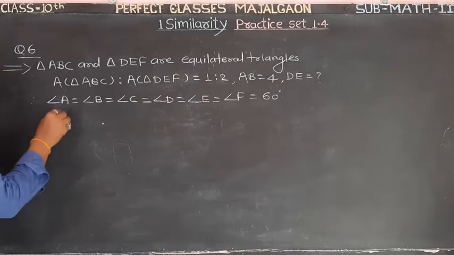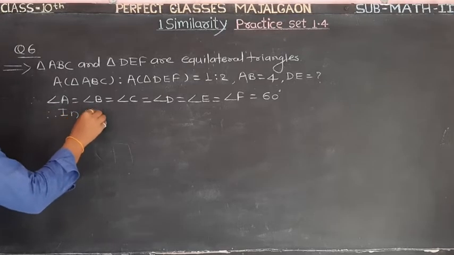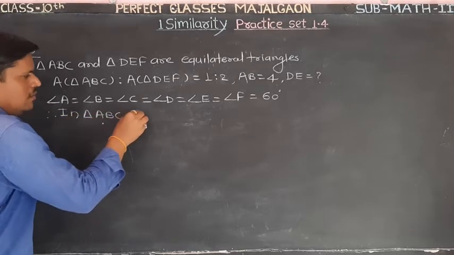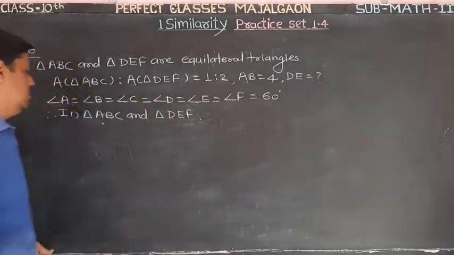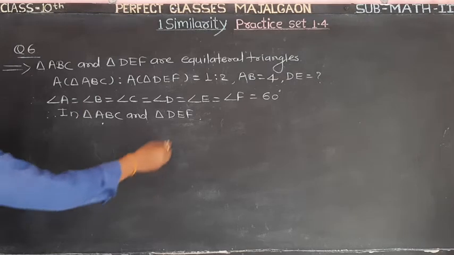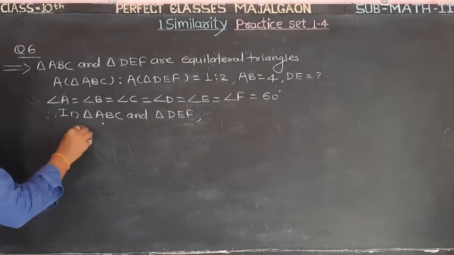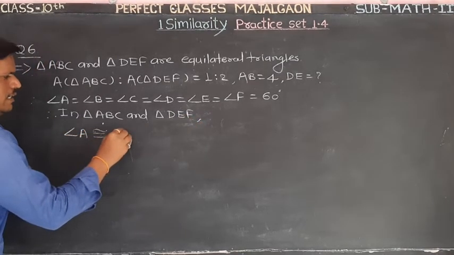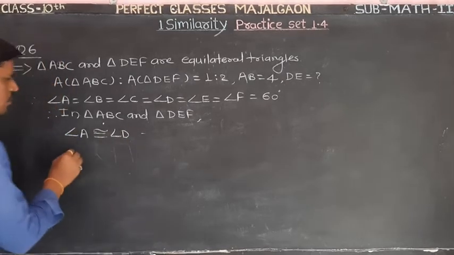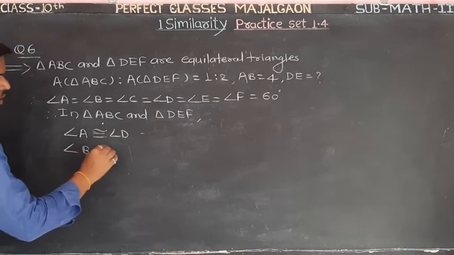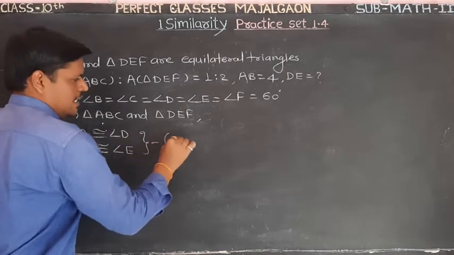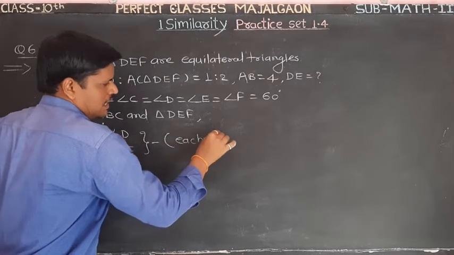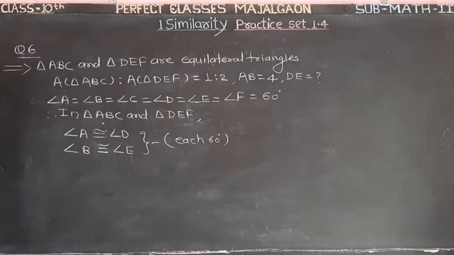Now we take triangle ABC and triangle DEF. In these two triangles, angle A is congruent to angle D, and angle B is congruent to angle E. The reason for both is the measure, 60 degrees.